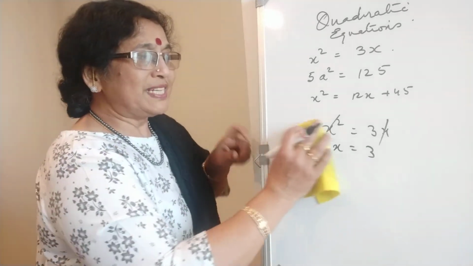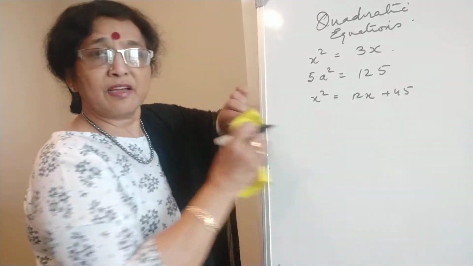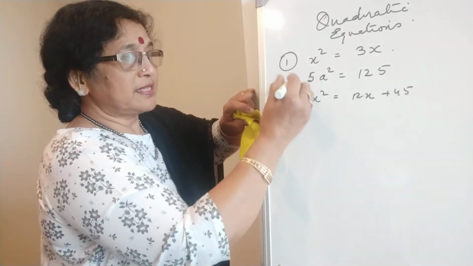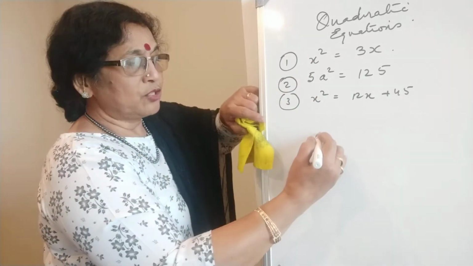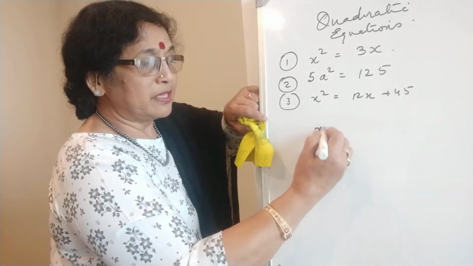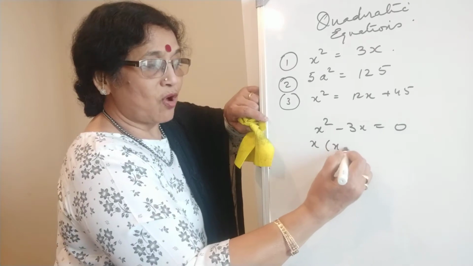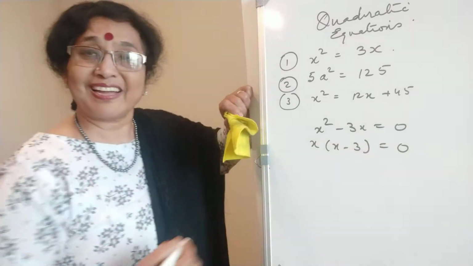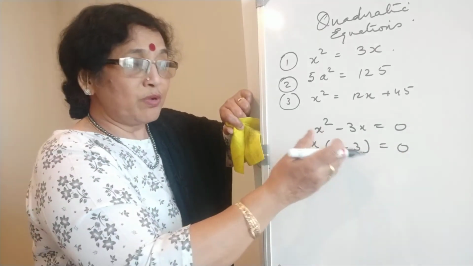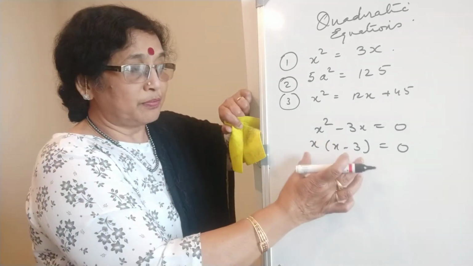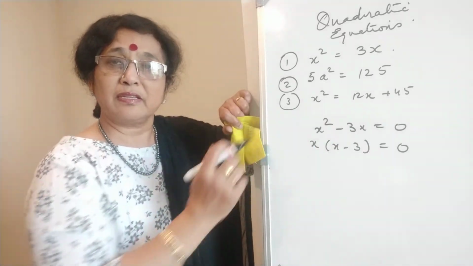So how do we tackle the first sum? The first sum which I have given is this, this is the second, and this is the third. So you factorize. What do I say? Bring the terms to one side. Factorize. This is a common term, not middle term factor. x into x minus 3 is 0. So this product will be 0. One of the factors is 0.